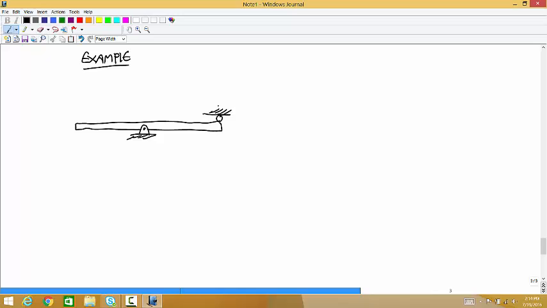And let's say there's a distributed load applied over here. And let's say this distributed load is 1,000 newtons per meter, and this is 0.1 meters, and this is 0.1 meters.